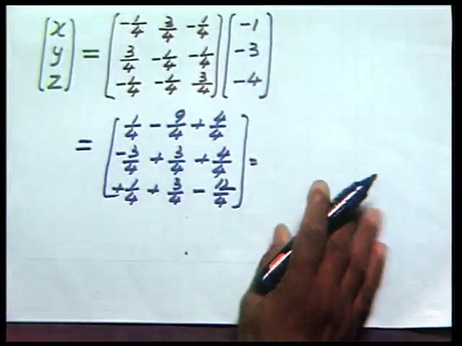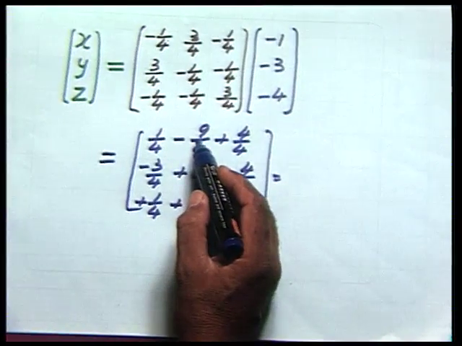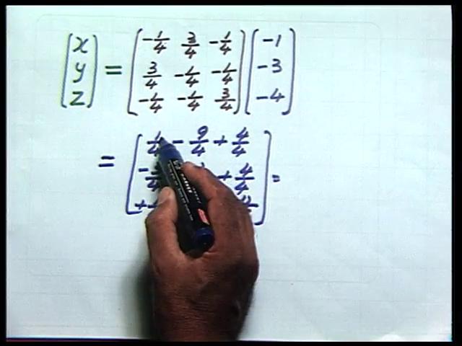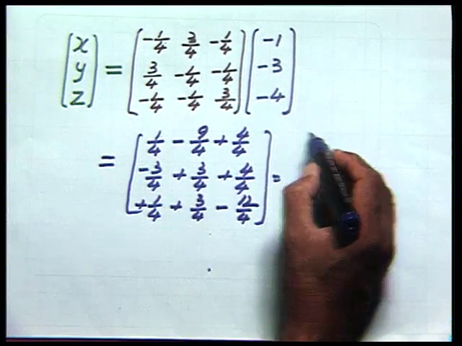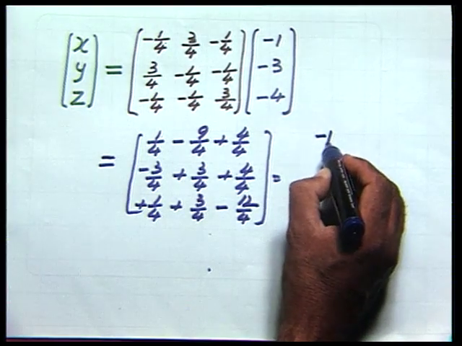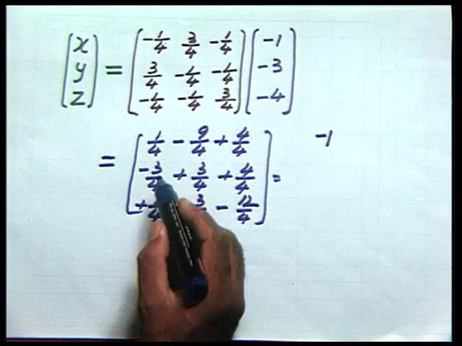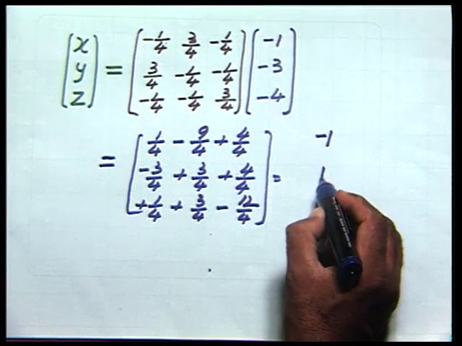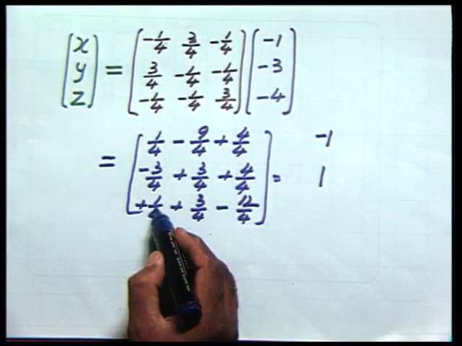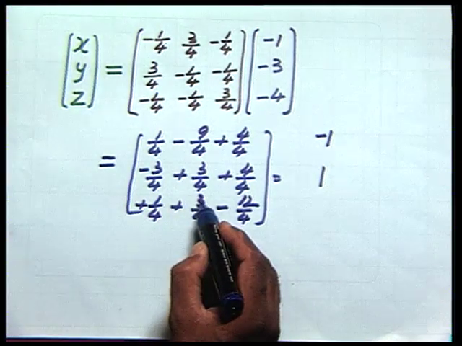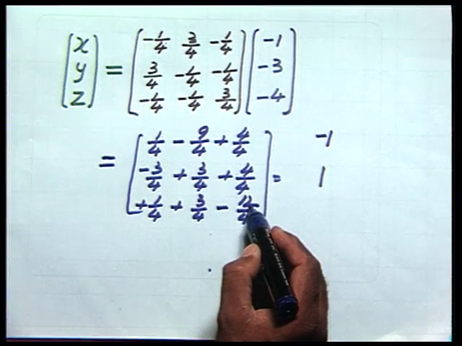What does this give us? This is 1 by 4, 1, 9, 4. This is minus 4 by 4. This gives us minus 1. Minus 3, 0, 4 by 4, 1. This is 3, 1 plus 3 is 4 and minus 12.